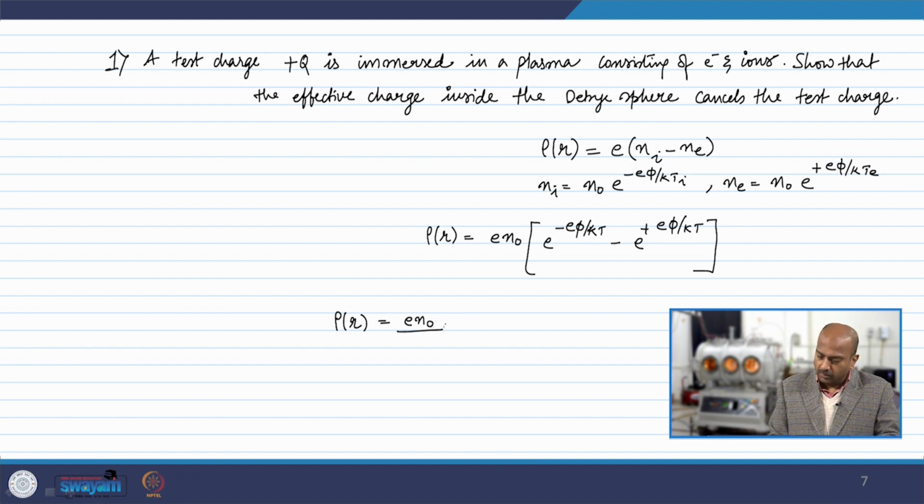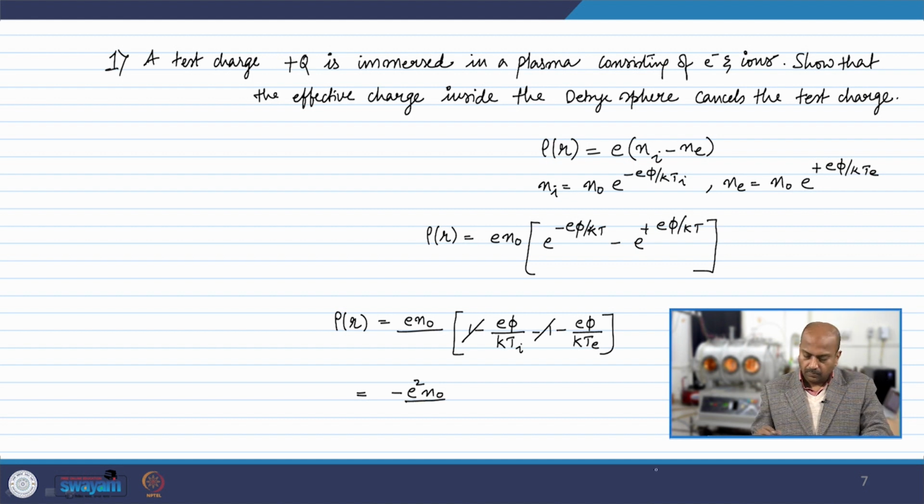Expanding the exponential, as we have done in the last lecture, rho of r is equal to e n_0 times 1 minus e phi by k T_i minus 1 minus e phi by k T_e, which equals minus e square n_0 phi by k times 1 by T_i plus 1 by T_e.